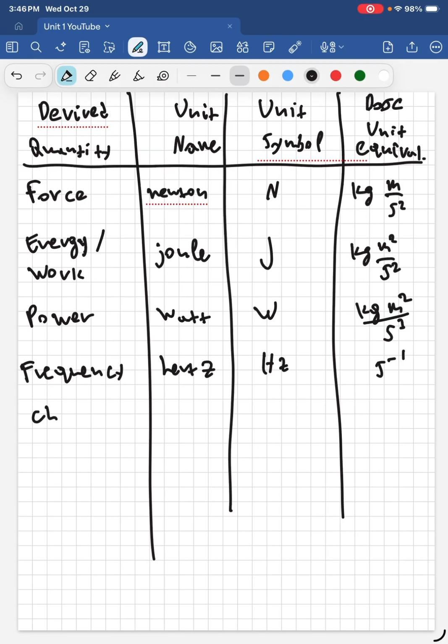And then charge, we already discussed charge. The units are coulombs, expressed with capital C, and they correspond to amperes times seconds, okay? Remember, amperes is a base quantity, okay? Next one is voltage. It also has a name, volt, after, I think his name was Volta, the Italian guy who experimented on frogs.